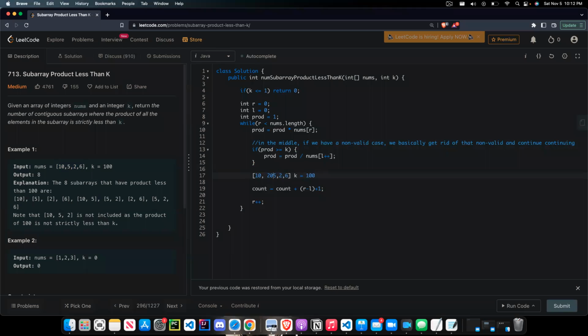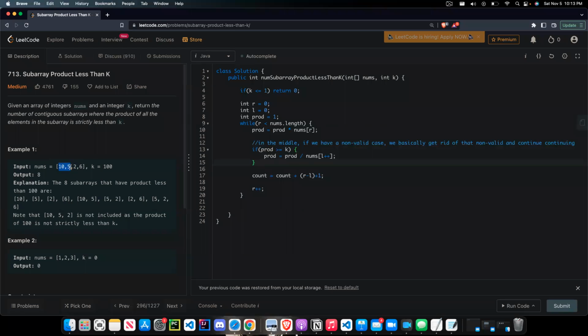Let's say you do this, 10 times 20 is 200, right? And so we count this one, but then we need to shrink. Well, I don't think this is actually a valid case, but all I'm really trying to say here is suppose we shrunk once and it worked for us, but suppose we had to shrink again, right?